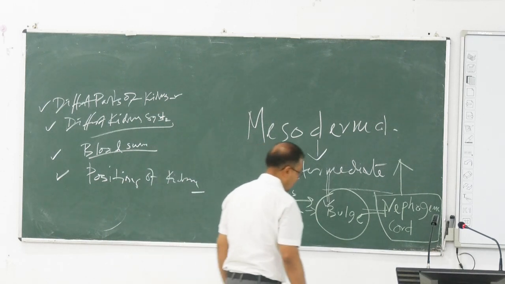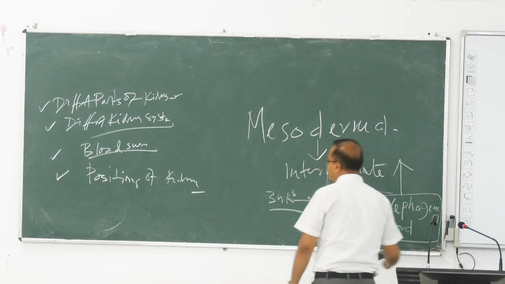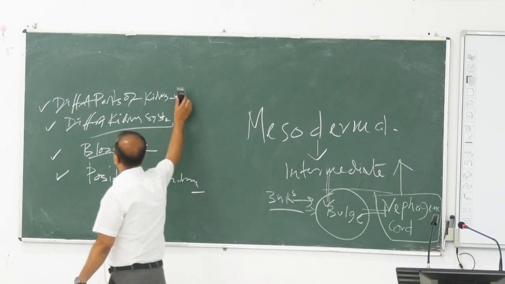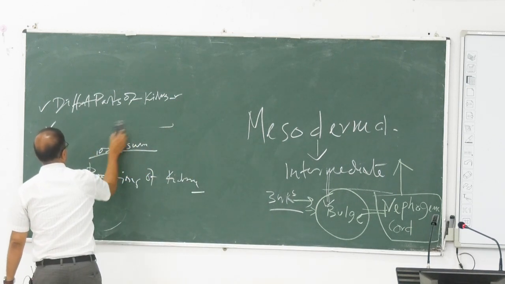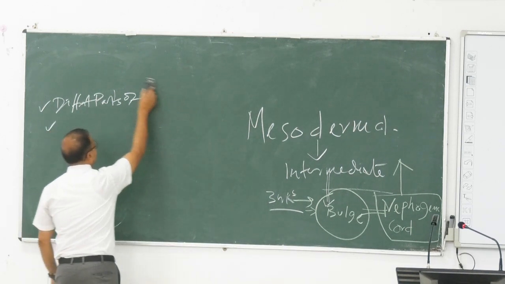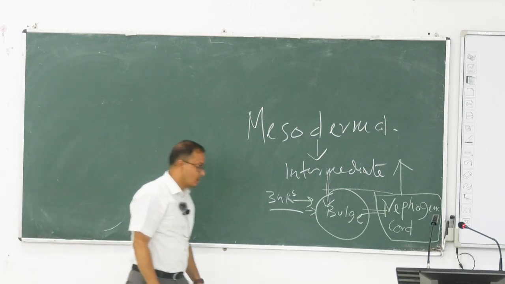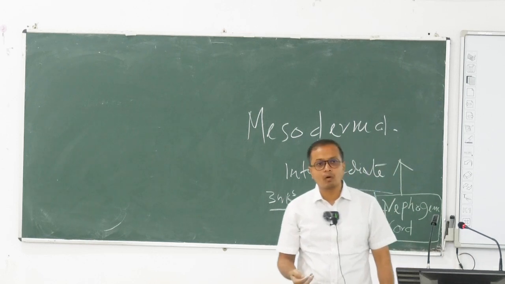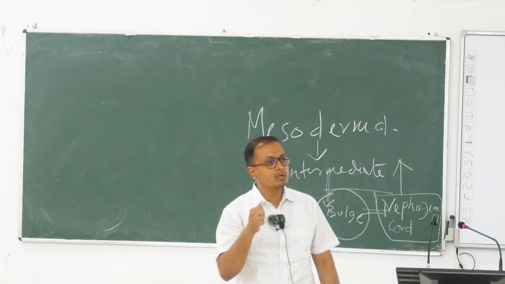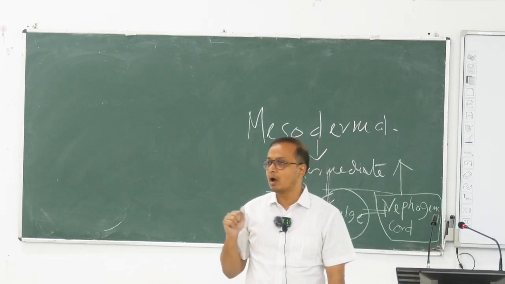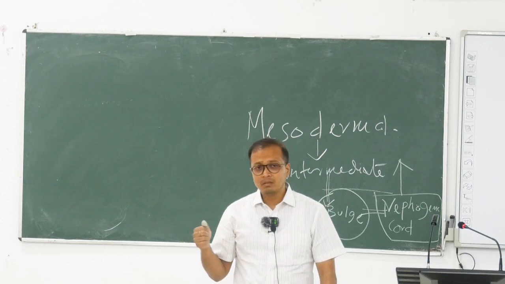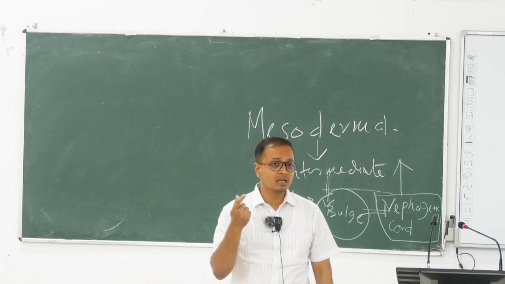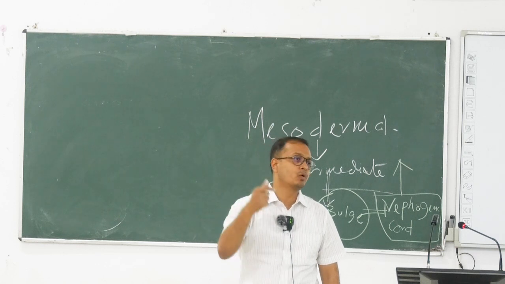Now, as we have seen, whenever we discuss the development of any organ, like the gut tube, the liver, or the gallbladder, we have a single organ which transforms and grows.